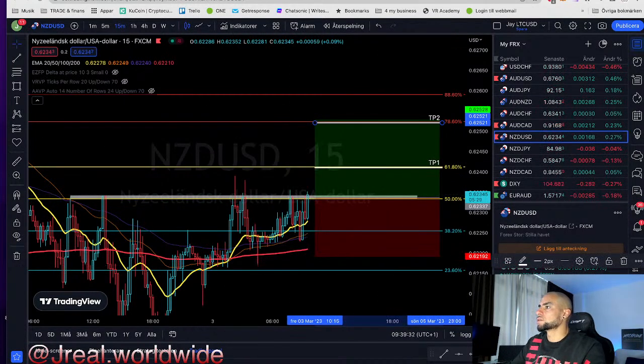I gotta check Euro USD quick because I see gold is breaking out. Yeah, Euro USD is about to break out. Guys, everything is breaking out. Gold is breaking out, Euro USD is breaking out, and NZD USD is about to break out as well.